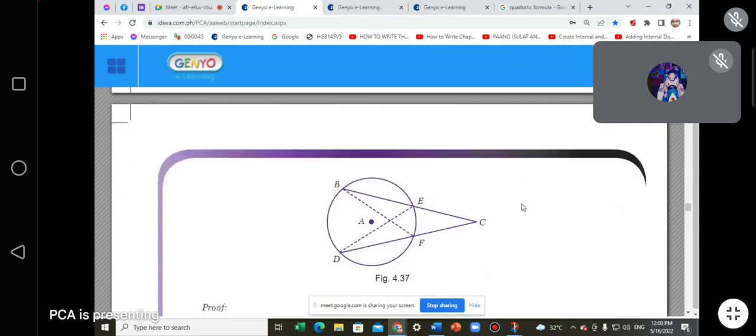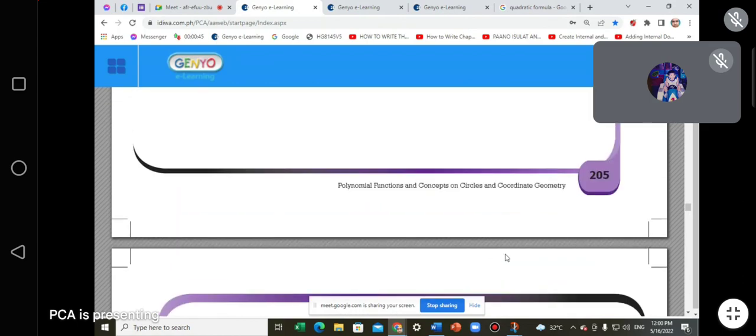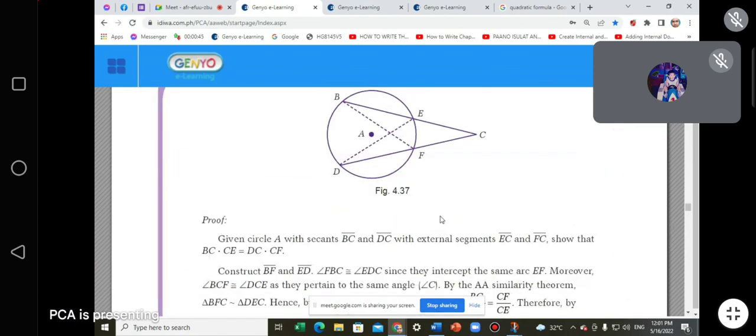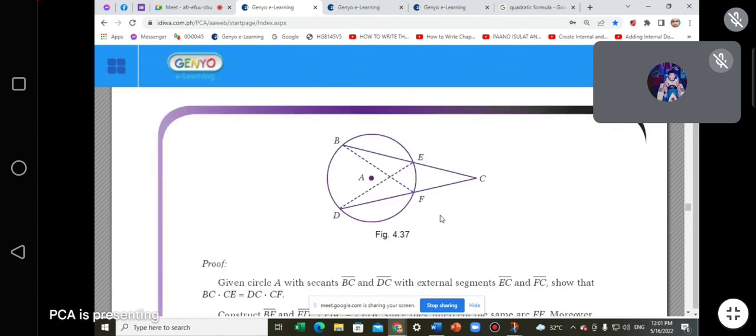Let's go now here. This is so easy. Even if you do not read any of the theorem, just read it on your own. It is actually related to 4.13, I guess. I will not go to that theorem anymore. What is the similarity between the two?